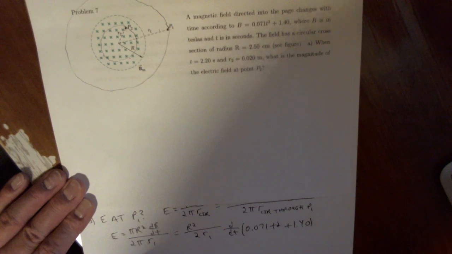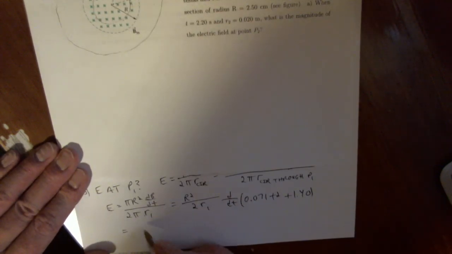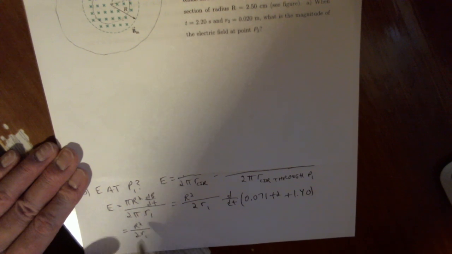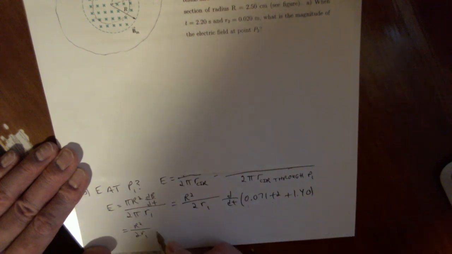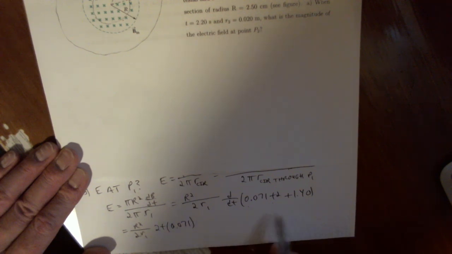And so you get R squared over 2R1. d/dt, again, of this: d/dt of t squared is 2t, and then multiplied by that. So 2t times 0.071. And d/dt of the 1.4 is just 0.